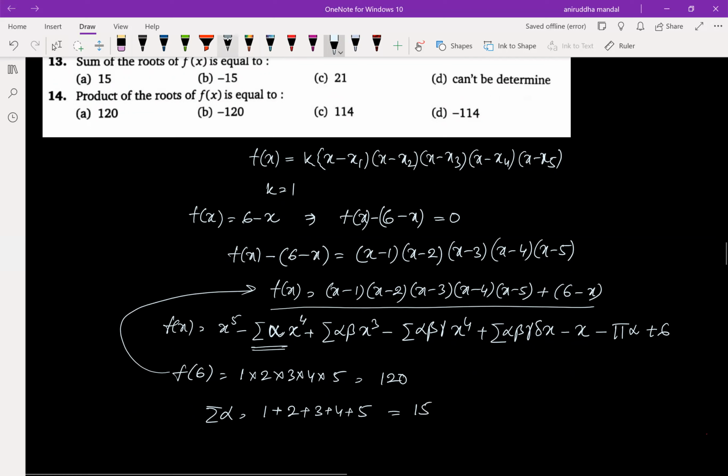So option A is correct again. No, minus 15. No, this minus is there. Minus of minus b by a. Okay.